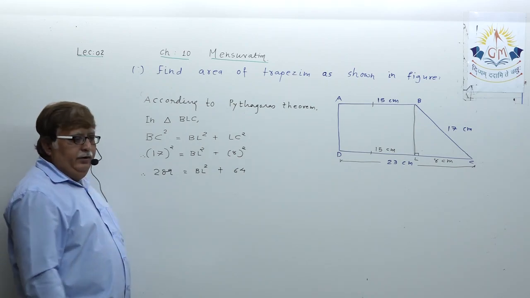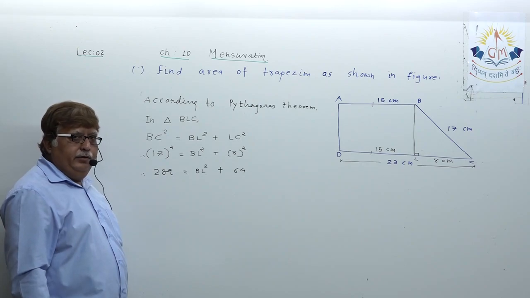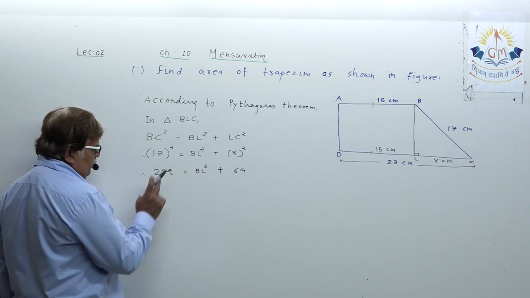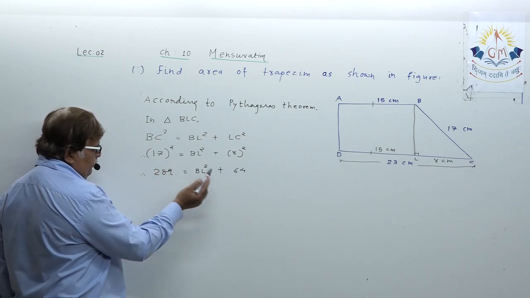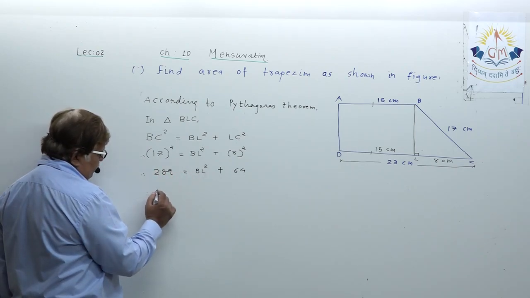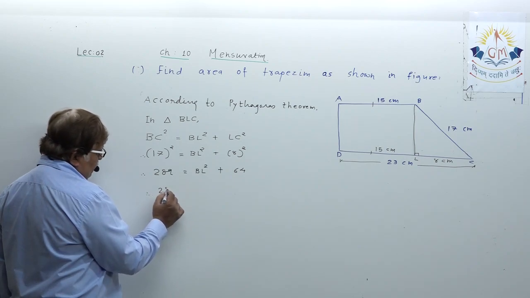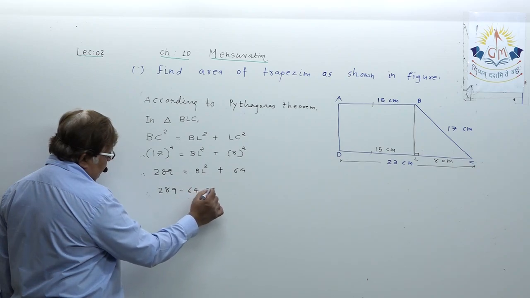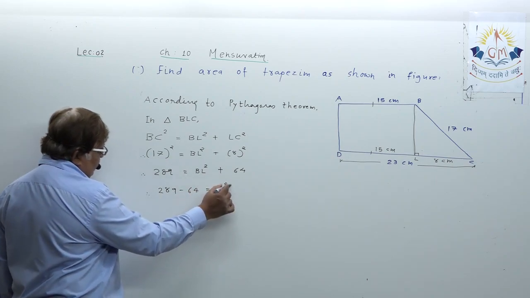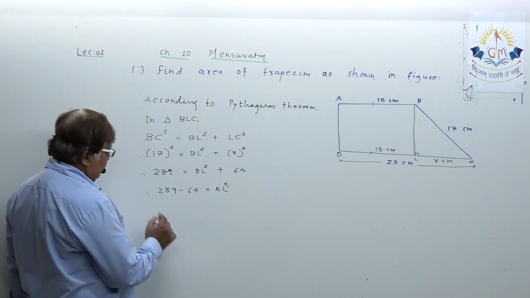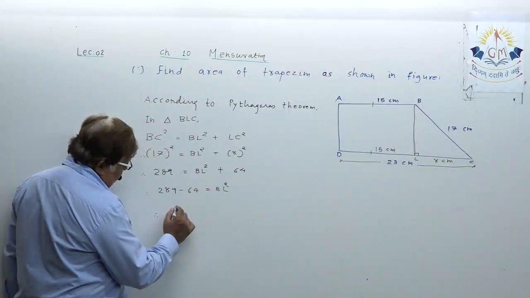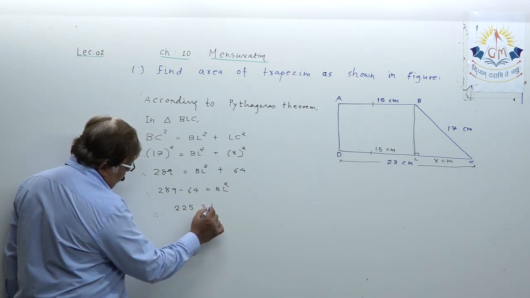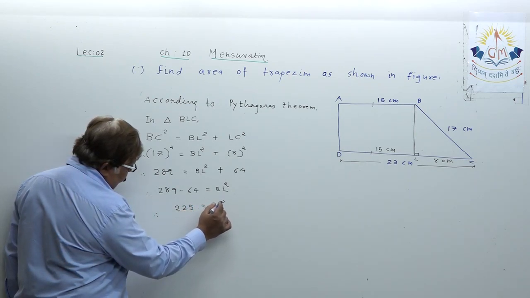Square of up to 20, you should remember, I guided you in advance also. 289 equals BL square plus 64, transfer it. 289 minus 64 equals BL square. 225 equals BL square.